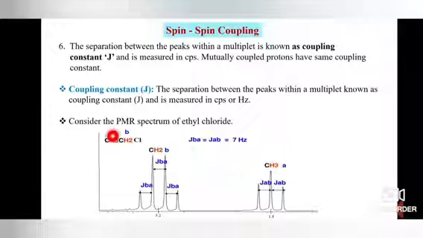A is coupled with B, and similarly B is coupled with A. So they are mutually coupled protons, and the coupling constant of mutually coupled protons is the same. See here, the coupling constant JBA is the same as JAB, which is equal to 7 Hertz. The separation between the peaks within a multiplet is nothing but the coupling constant.